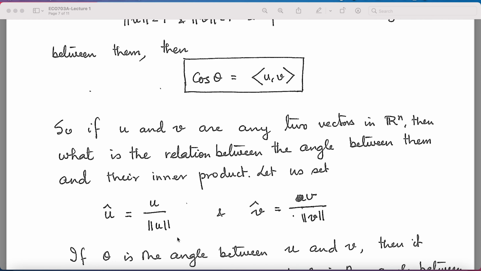So, now if you take the norm of u hat, I need a property of the norm, which we have not discussed. If you have scaled a vector by lambda, lambda v, and you want to calculate the length of it, and lambda is a positive number, then the length is nothing but lambda times the norm of v.